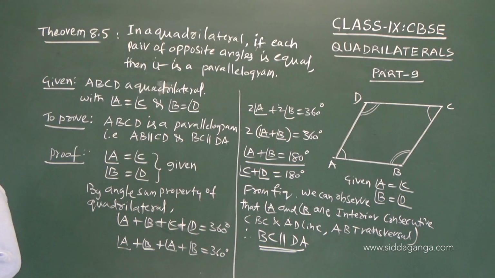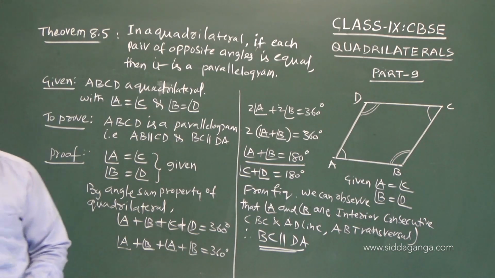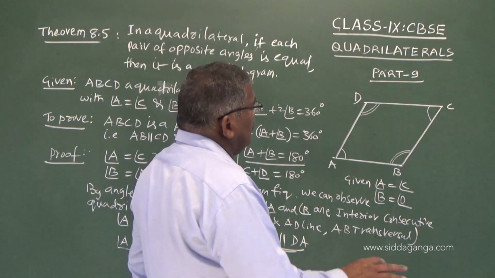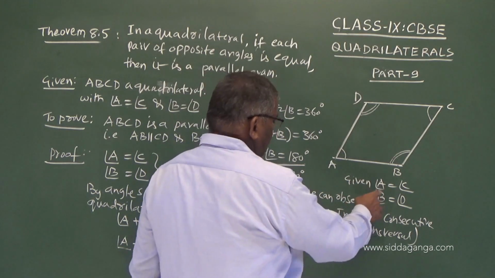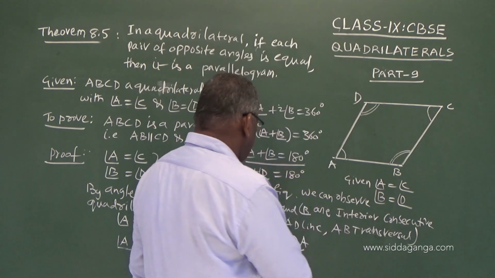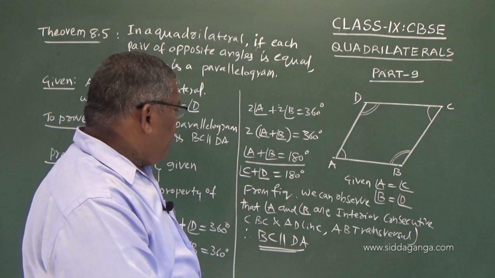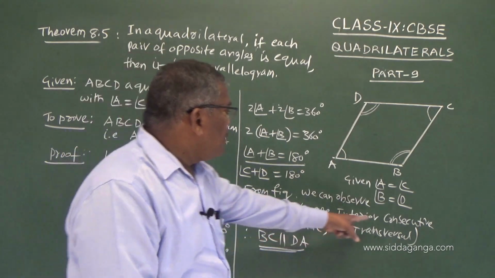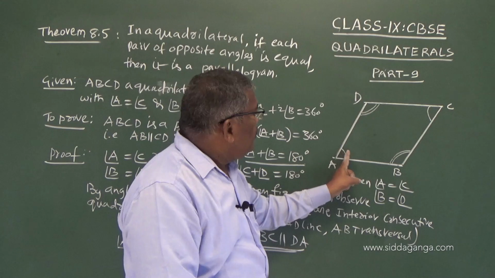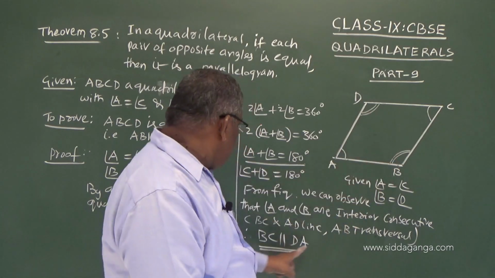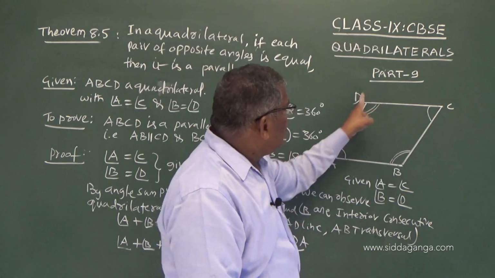These are interior consecutive angles. When these two are interior consecutive angles, BC is parallel to AD.